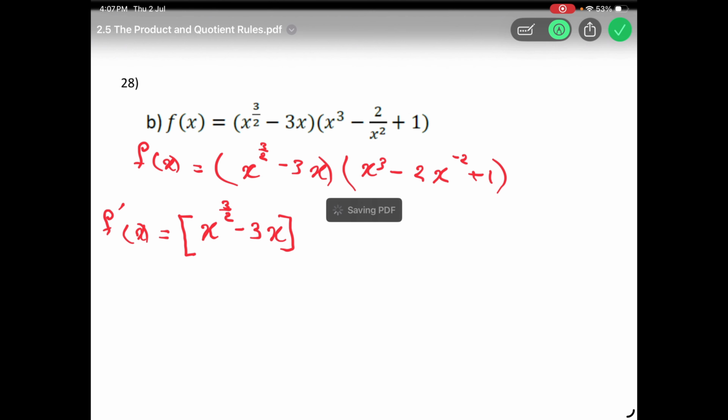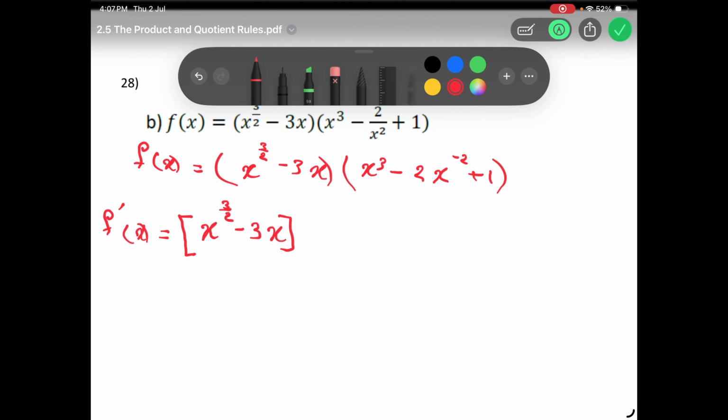The derivative here of the second is 3x squared plus 4x to the power of minus 3, plus I will differentiate the first.